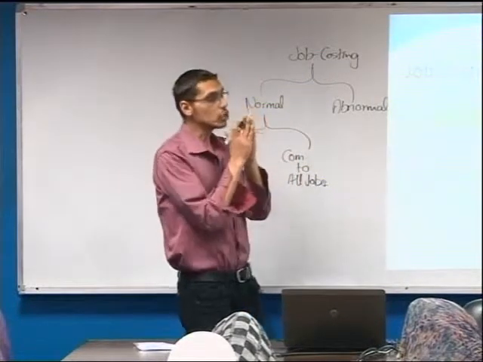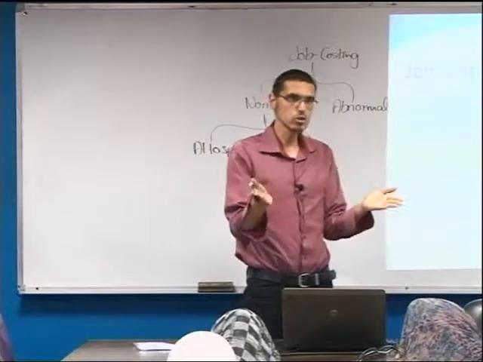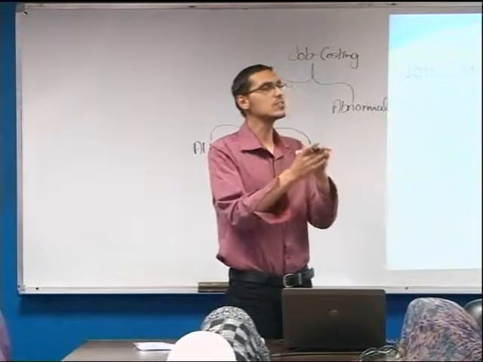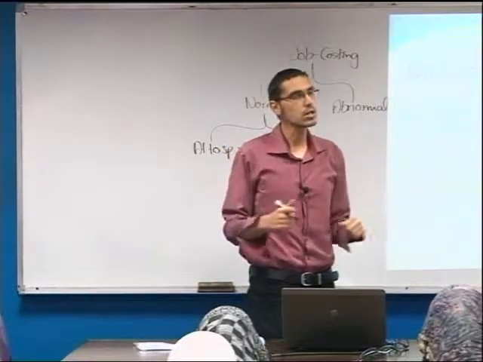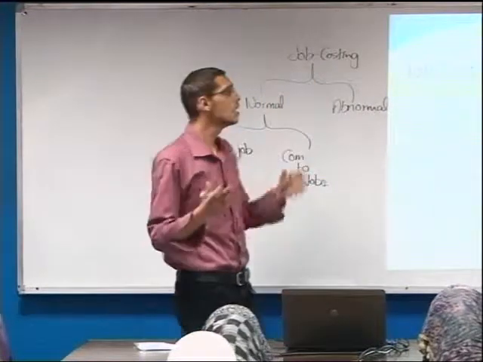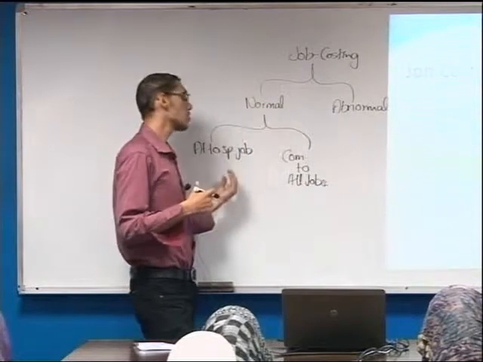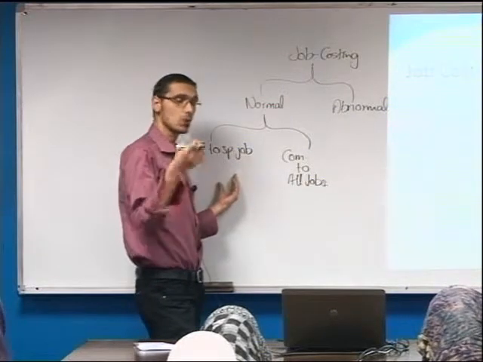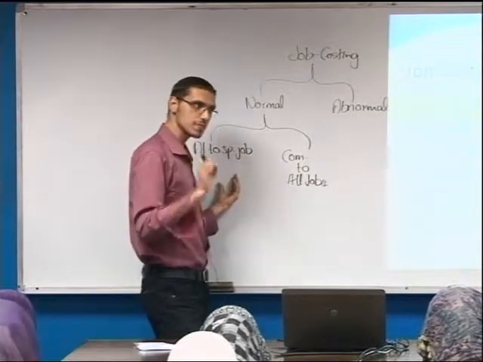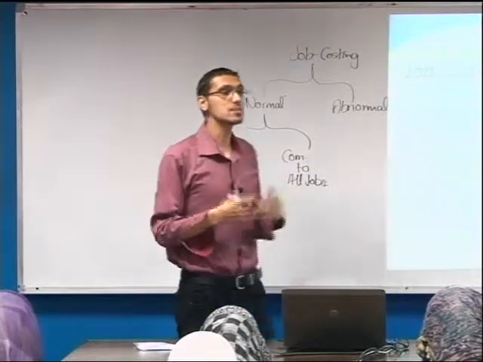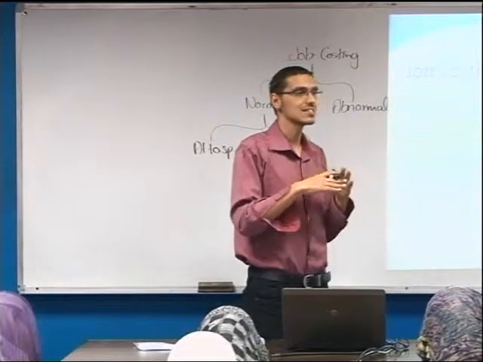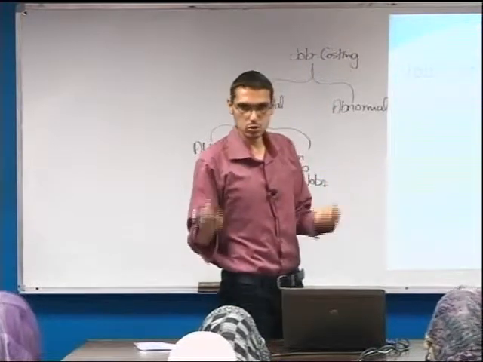So in a job costing system, we separate normal from abnormal spoilage, but further separate the normal spoilage into whether it is attributable to a specific job because of its specifications, or common to all jobs, meaning the specifications have nothing to do with this normal spoilage.